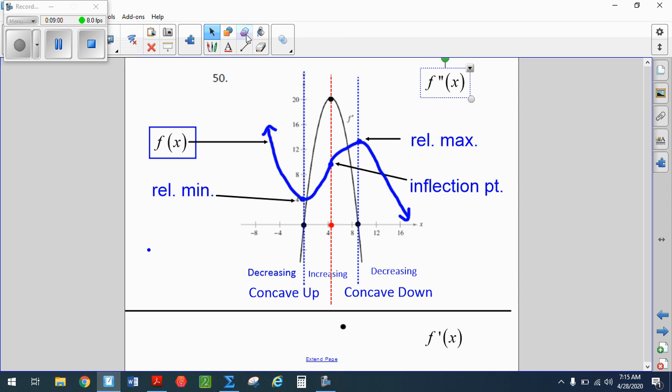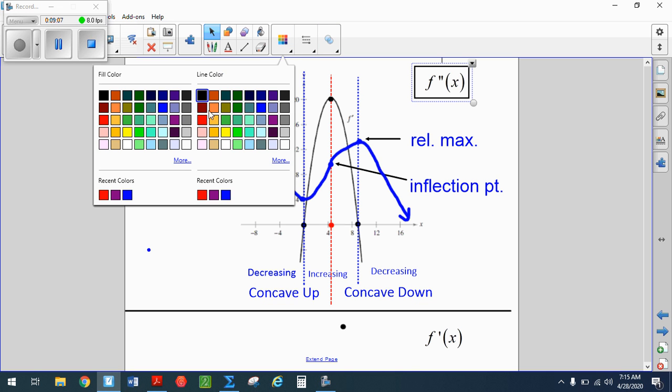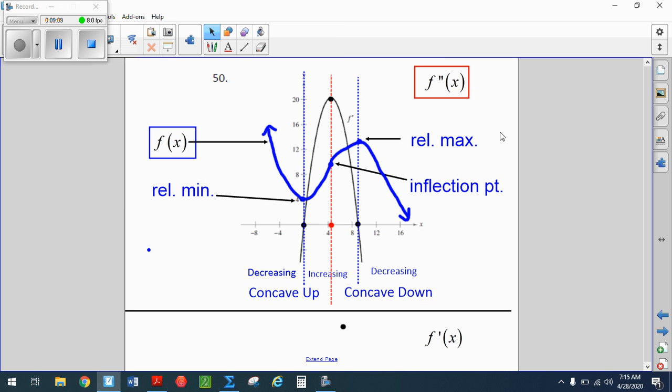So I'd graph my second derivative in red. We know the second derivative is going to be positive and then negative, because the derivative graph is increasing and then decreasing.